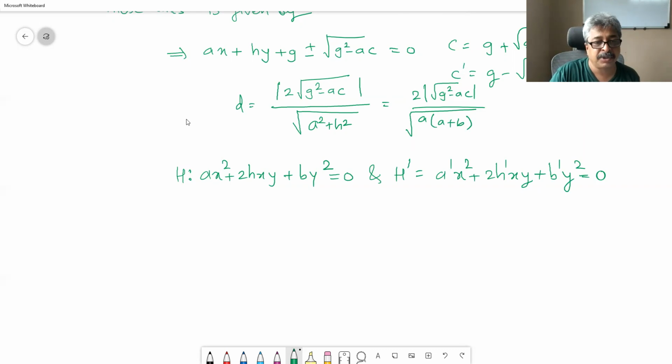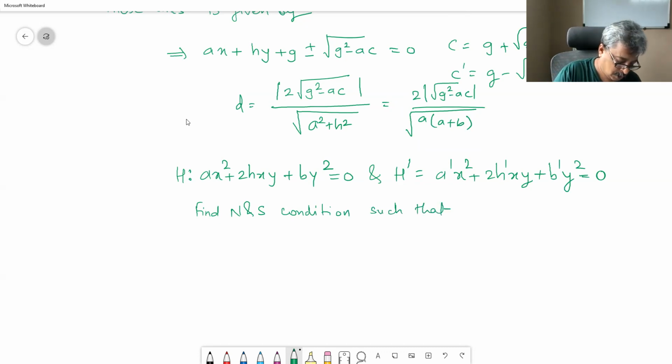Find the necessary and sufficient condition such that H is equal to 0 and H dash is equal to 0 have at least one line in common.